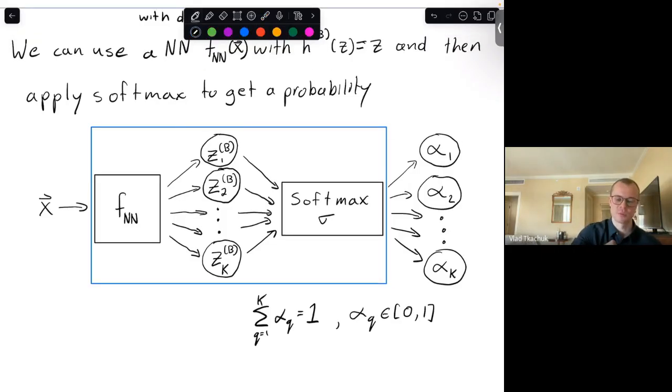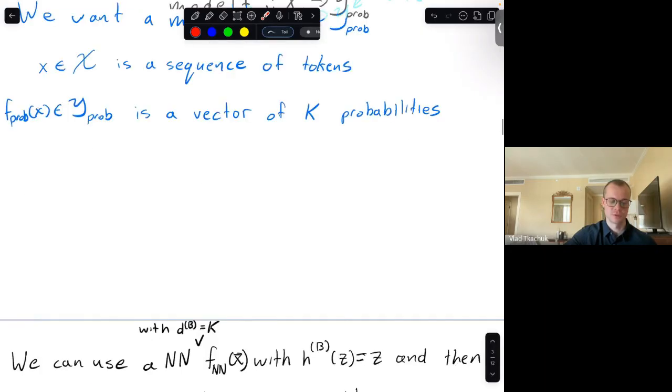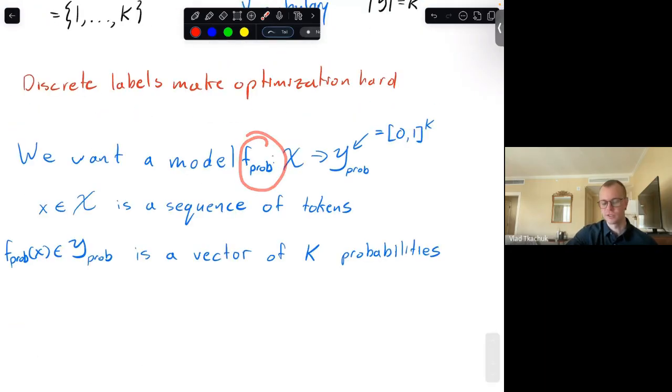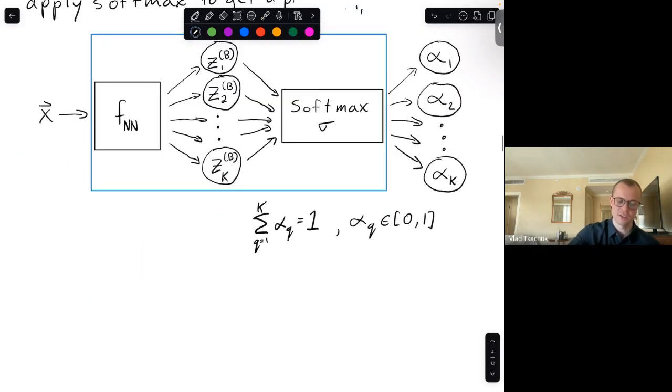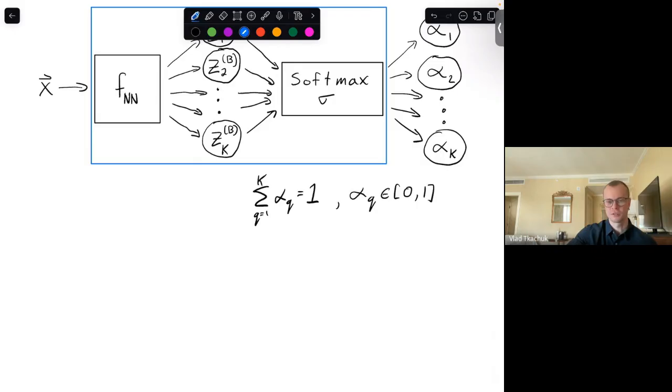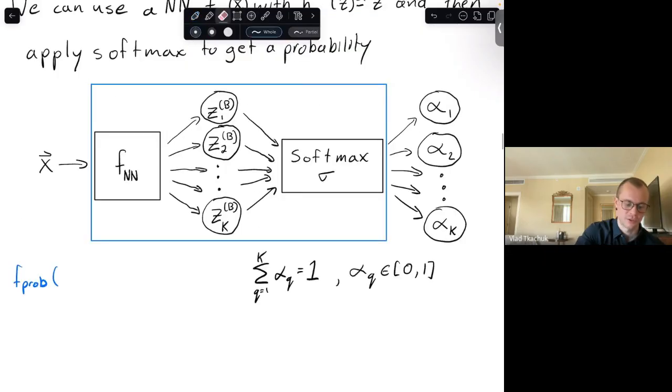Our goal at the end of what we were doing was to get this probability function, which took as input some sequence and produced a giant vector of probabilities. And we have actually achieved that. This blue box is going to be called fprob, our probability function. It takes in as input some x. Maybe I shouldn't have put a vector here because we don't understand how this is a vector yet. So far, this is just a sequence of tokens.